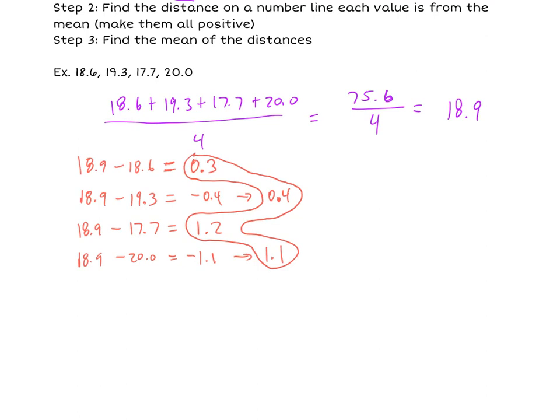Last step, find the mean of these numbers that we just got. 0.3 plus 0.4 plus 1.2 plus 1.1 divided by, how many numbers do I have there? 4.